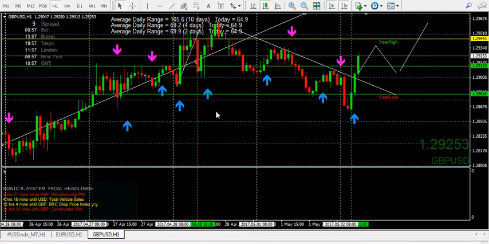So 25 less 7 is 18. So I've got an 18 pip potential take profit target, and that is how I calculate it. So if I enter a couple of pips below, then I've got a good 18 to 19 pips to the next level, providing there isn't any other support and resistance that seems significant in the way.